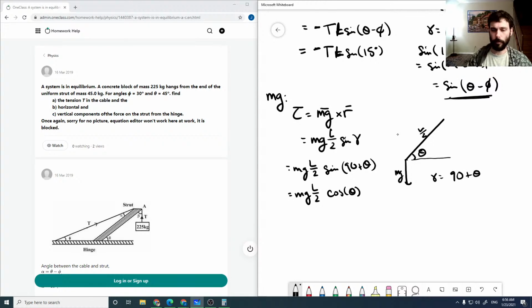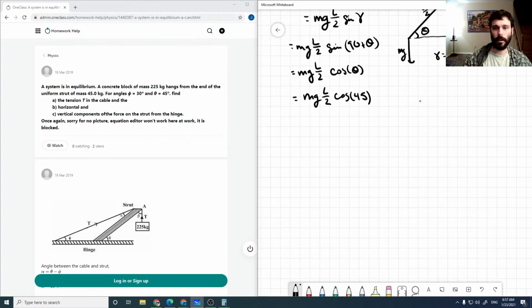Okay, again we can put in values and call this mg L over 2 cosine of 45.